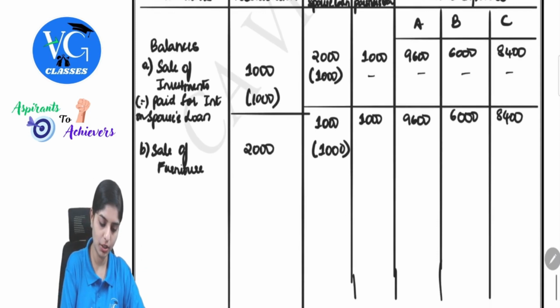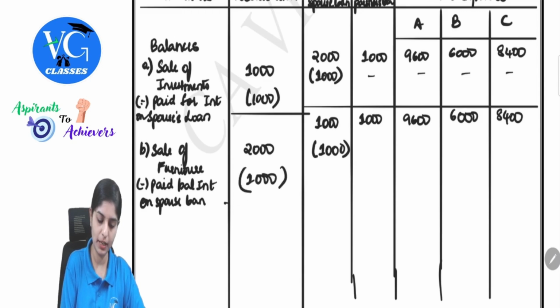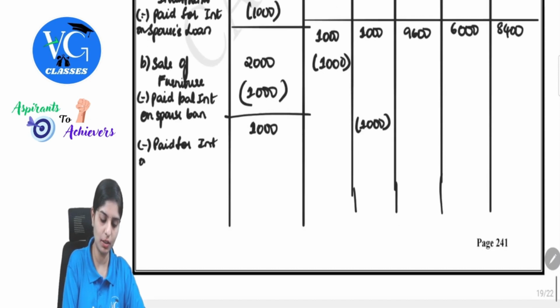So sale of furniture, paid balance interest on spouse loan 1,000. I will be left with one more 1,000. This will be settled for partner's loan. Paid for interest on partner's loan.